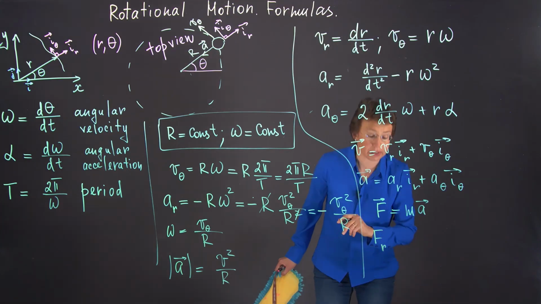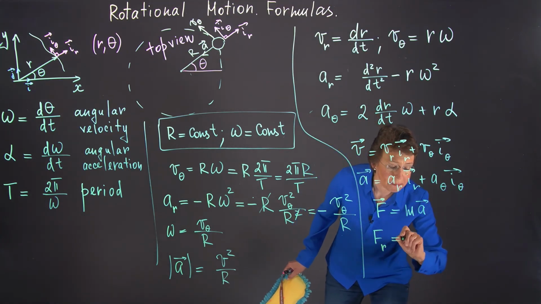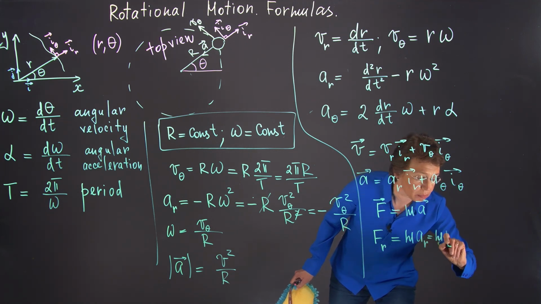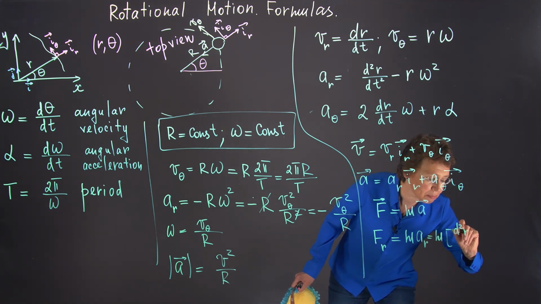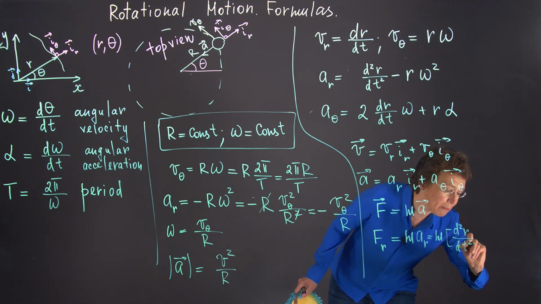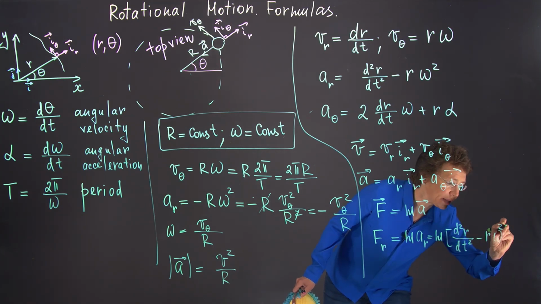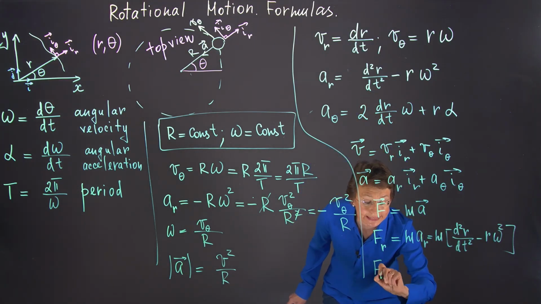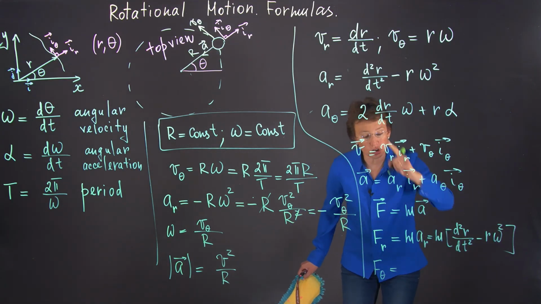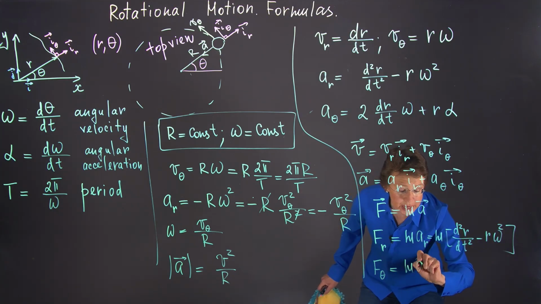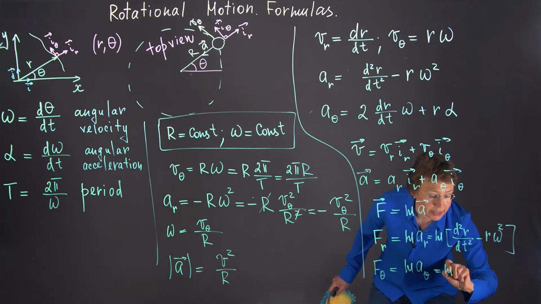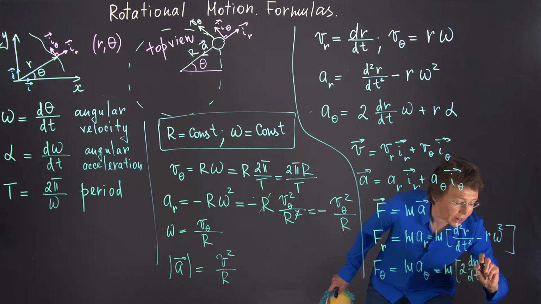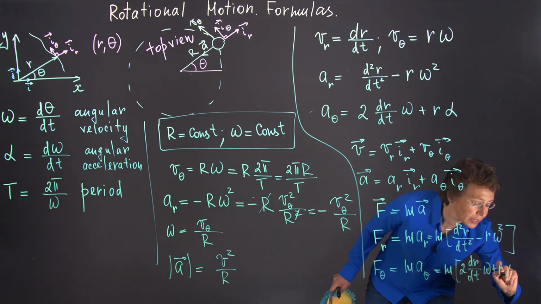Net component in radial direction of the force is equal to m a_r, and this is equal to m times d2r by dt squared minus r omega squared, our a_r component of acceleration, and F theta, net force in tangential direction, will be m a_theta, and it will be m times 2 dr dt omega plus r alpha.